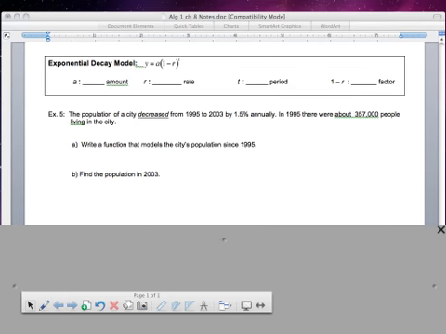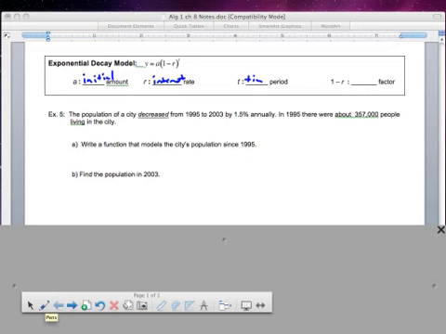So the next type of model we're going to look at is the exponential decay, and you'll notice some very similar features here. A is still your initial amount. R is still your interest rate. And T is still the time period. And 1 minus R is no longer called the growth factor.